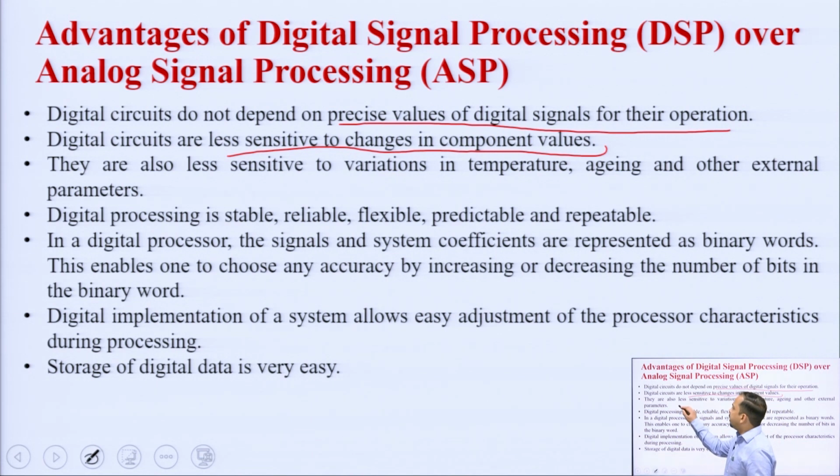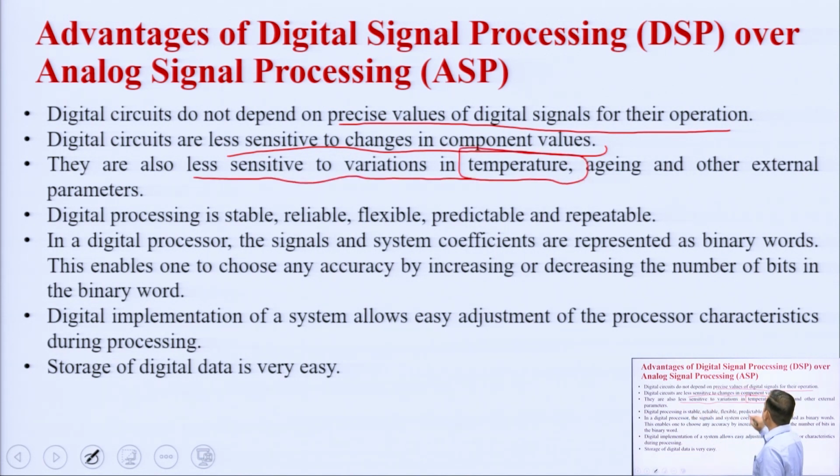These digital circuits are also less sensitive to the variation in temperature, aging and other external parameters. So this is again a very important advantage of using DSP, digital signal processing, over the analog signal processing.